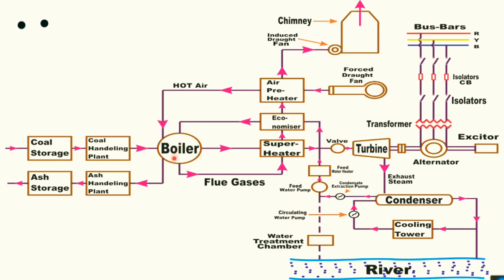Since the furnace is burning, it releases heat, so the water gets vaporized. There is an evaporator for that, but the water does not turn completely into gas. It's a kind of unsaturated steam, which is wet steam.